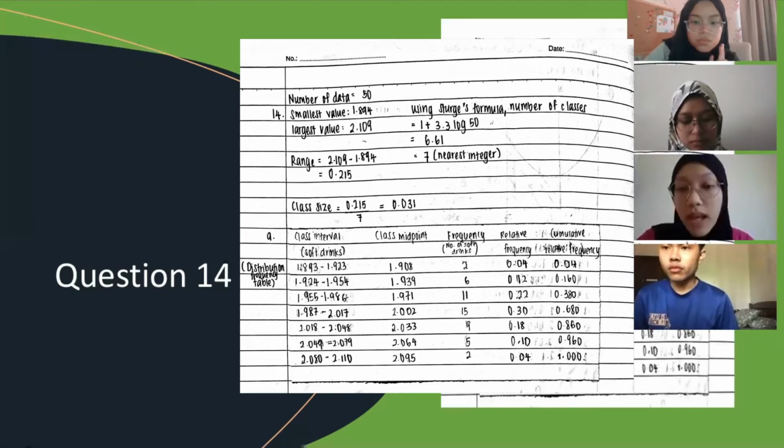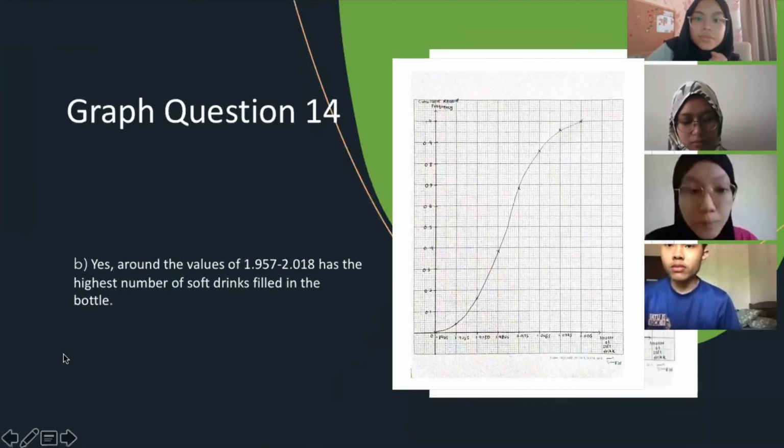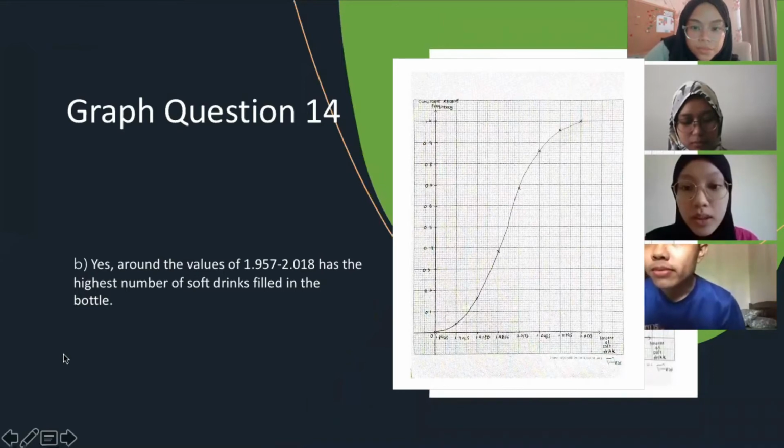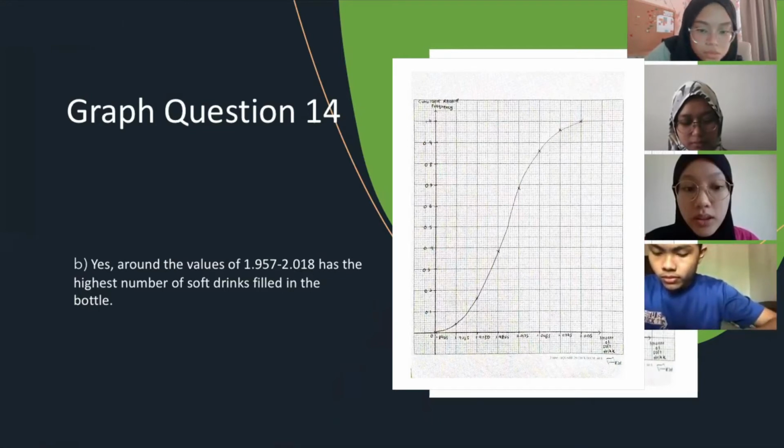The second question asks me to construct the ogive. Arisha, can you move to the next page? So this is the ogive that was constructed based on the frequency table that was drawn. For question B, it asks, does the amount of soft drink filled in the bottles concentrate around specific values?